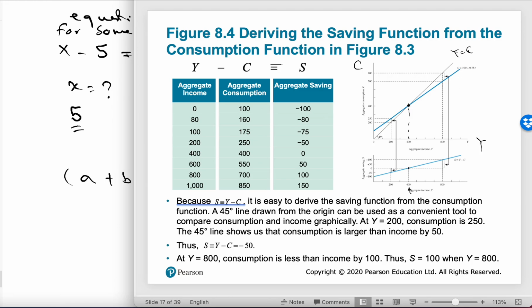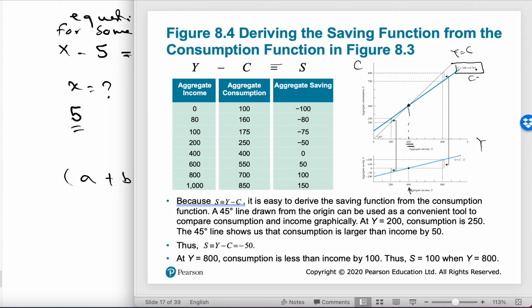And the consumption is not always equal to it, because we already said that consumption is written here: consumption is equal to 100 plus 0.75 Y. So Y and C can only be equal if the level of income is 400.